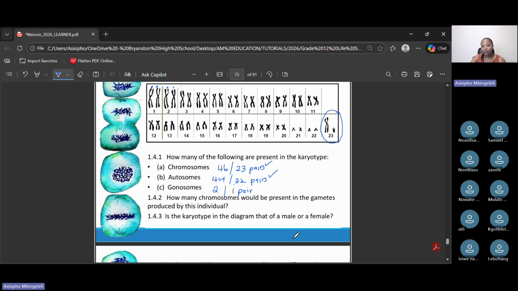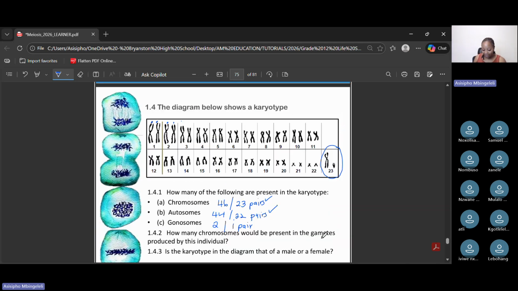How many chromosomes would be present in the gametes produced by this individual? How many chromosomes? I'm hearing an answer. 23, ma'am. Perfect. 23, because they're speaking about a gamete. A gamete will have half the number of chromosomes.